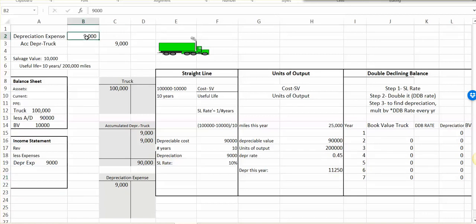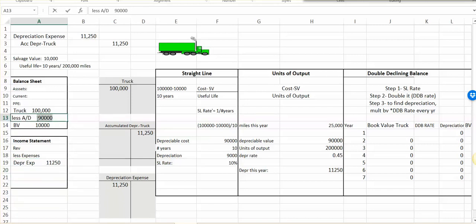So then your adjusting entry will look like this: 11,250, and the accumulated depreciation for year one would be 11,250, and depreciation expense would be 11,250. On the income statement, depreciation expense will be 11,250.